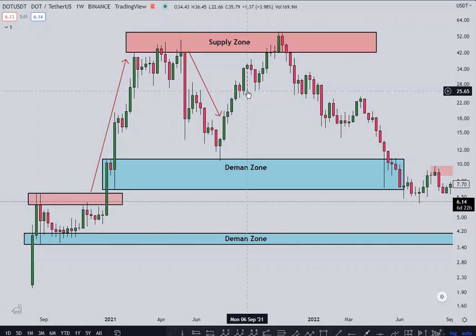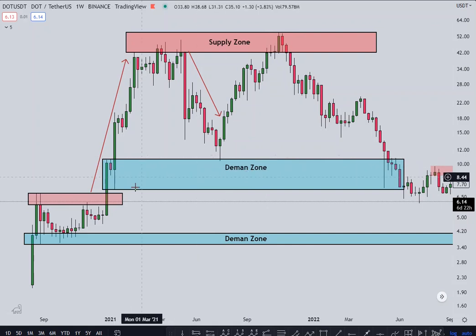If you follow smart money concepts, they have other rules. So I'm not talking about how you can specifically identify these areas. I will talk about these subjects in coming videos. But in this video, I'm talking about the general idea of supply and demand zones.